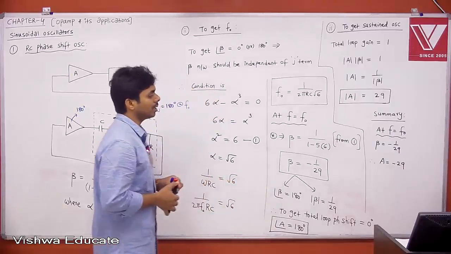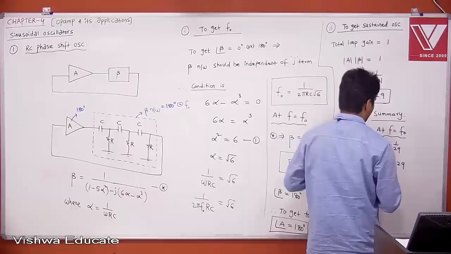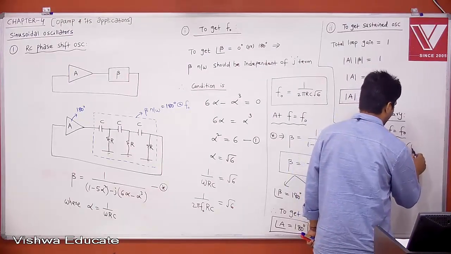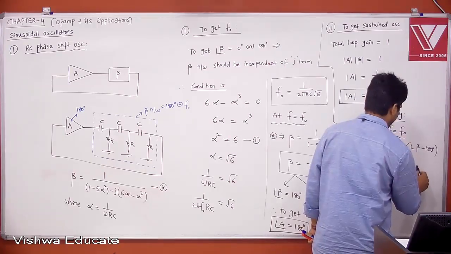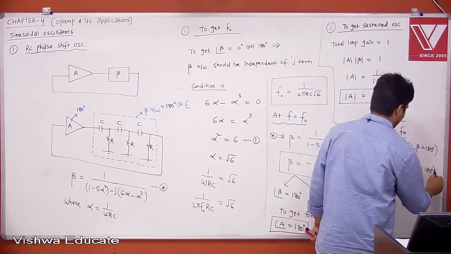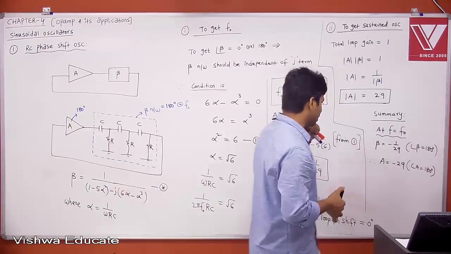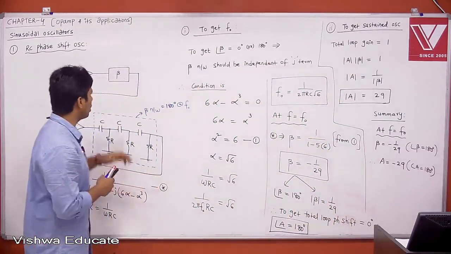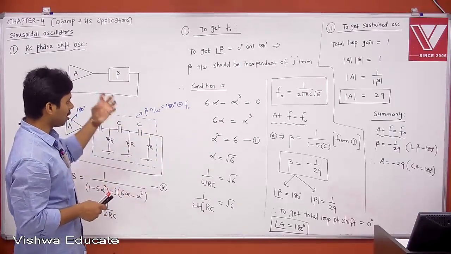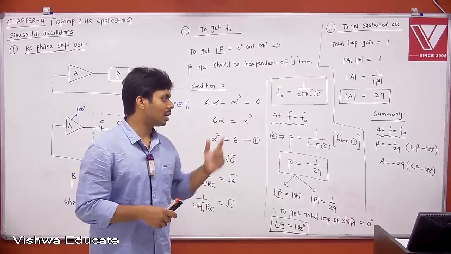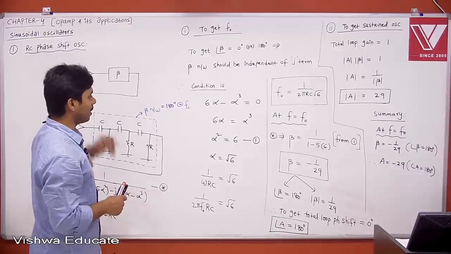So the angle of beta is 180 degrees and the angle of A is also 180 degrees, but the magnitude of A is 29. Remember, there is a loss in the beta network. What is the loss at phase shift 180 degrees, at the resonant frequency? 1 by 29. It is a loss factor of 1 by 29. There should be a gain factor of 29 from the open loop amplifier.